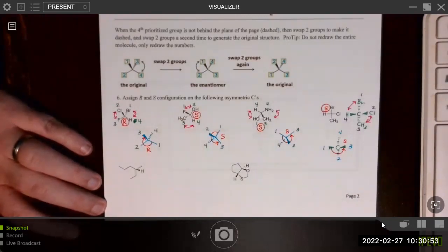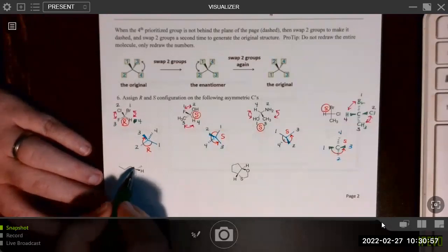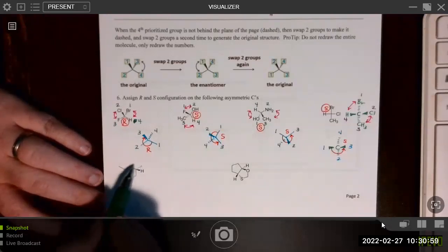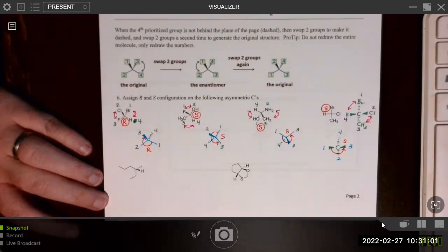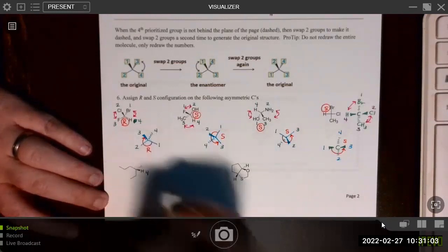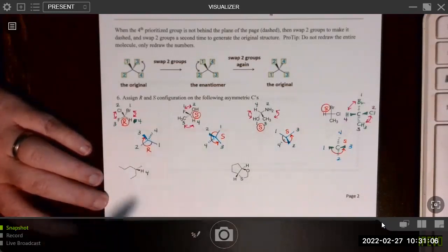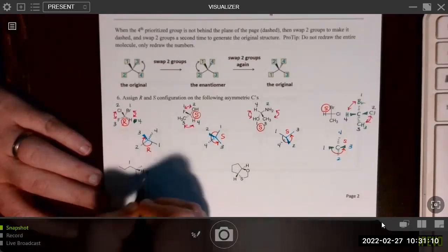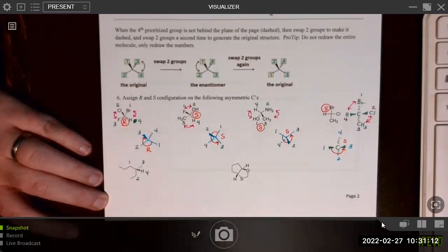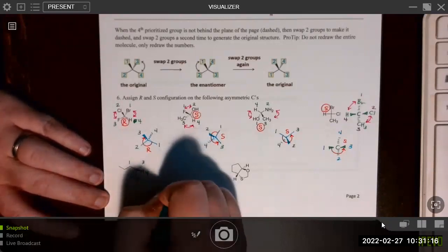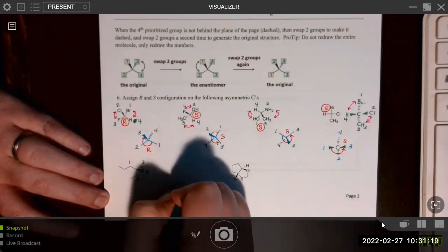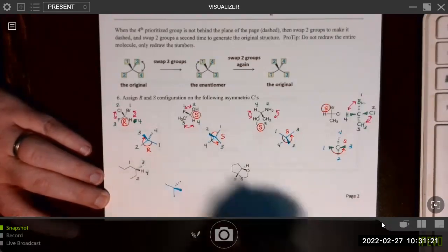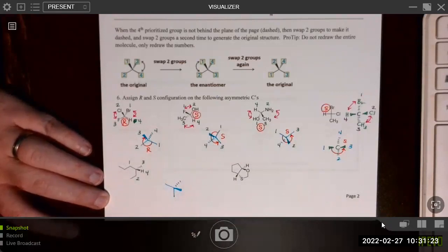Moving on, we have the next structure. And looking at priorities, we have carbon, carbon, carbon, hydrogen. All the carbons are tied, but we can look and see what they're attached to. What we'll end up with is the propyl being first priority, ethyl being second, and methyl being third. And we can redraw this, after doing some switching.